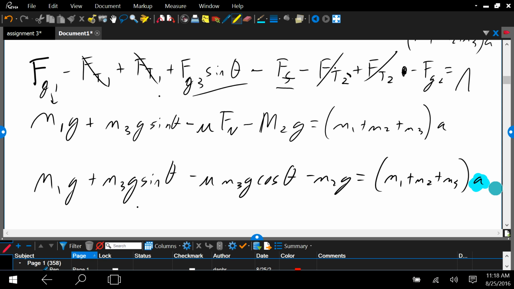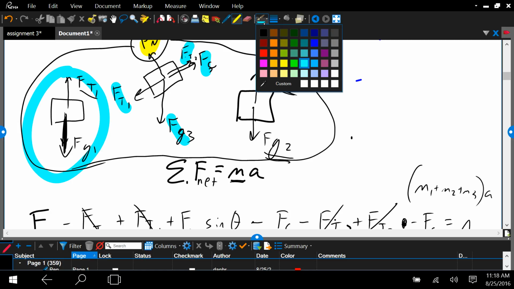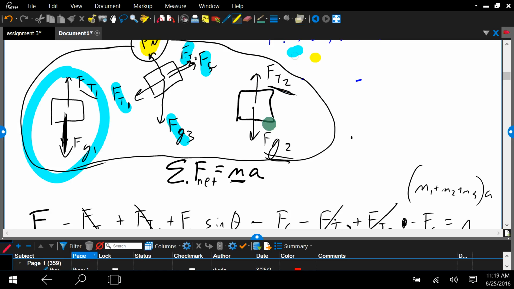As far as finding your two tensions on the side, you can use just these free body diagrams, these force diagrams. This one, once you know A, will right away give you the tension on the left-hand side here, which I called FT1. And so my system, again, is just the blue box that I circled there. And then I can have just this little green box over here that I circle.